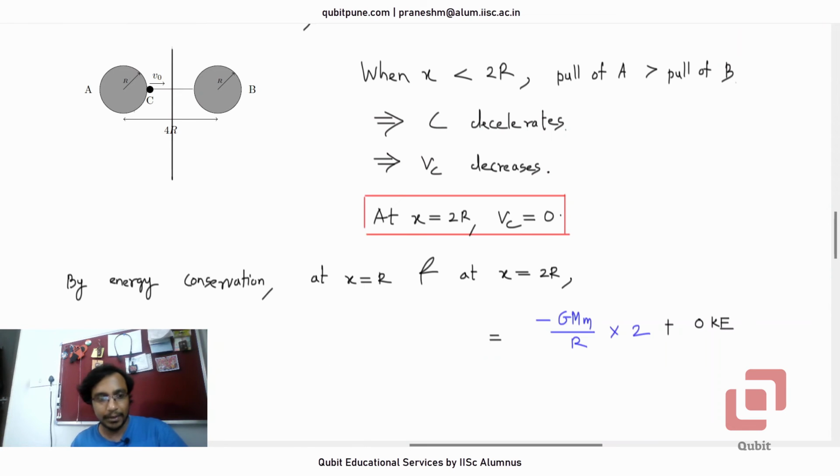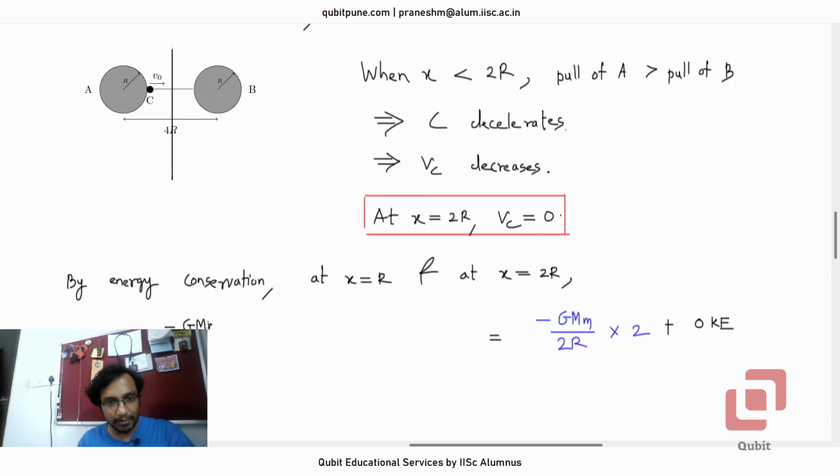This is equal to, now what is the potential energy of the body at x equal to r? At x equal to r, the potential energy will consist of two terms. Negative G, this should be 2r, well, at 2r, we're calculating at 2r. Now let's try to find the potential energy of this body C when it is on the surface of it. So what will it be?